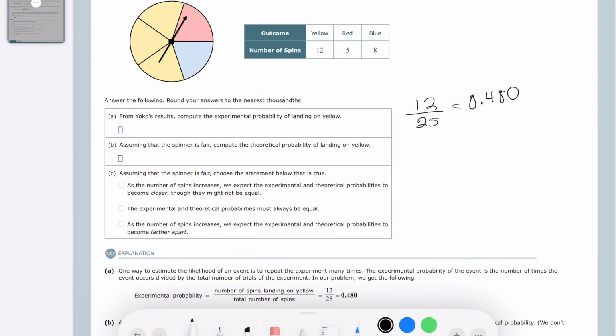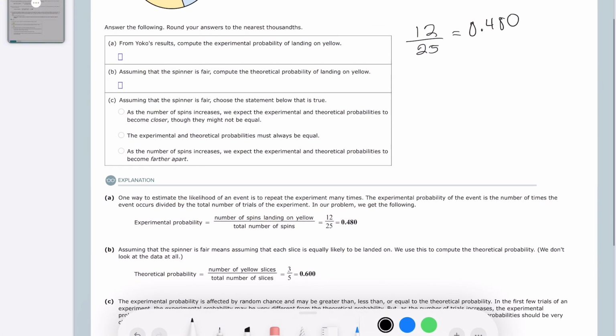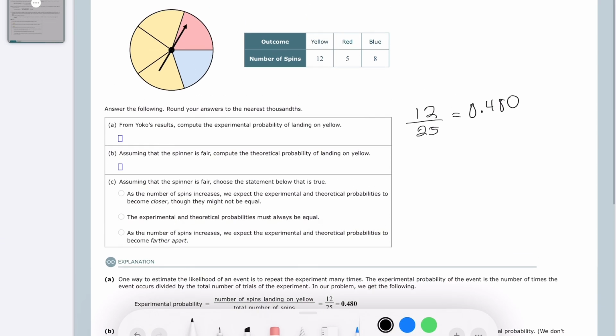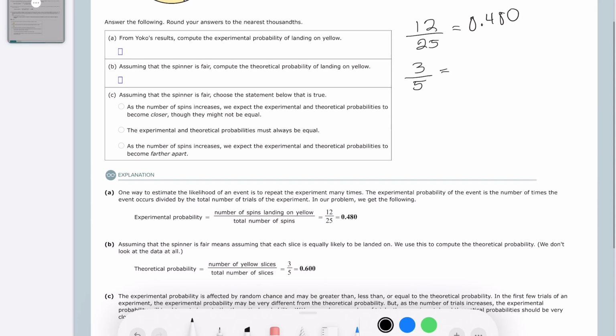And then, assuming the spinner is fair, compute the theoretical probability of landing on yellow. Well, there are 1, 2, 3, 4, 5, right? And there are 3 chances of getting yellow. So since there were 5 slices, it's 0.600.